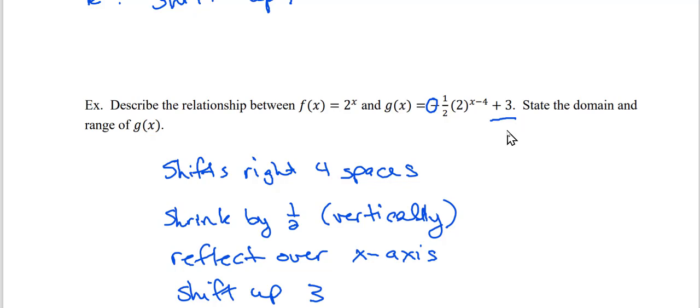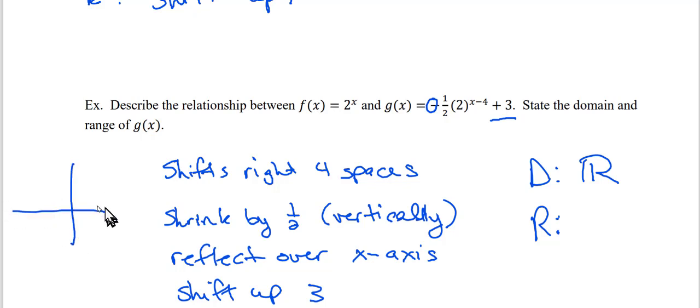The question now becomes, how do these things impact the domain and range? The domain itself is not changed at all. There's still no restriction on what you can plug in for x. Subtracting 4 from it doesn't change what that exponent can be. It changes what it is, but not what it can be. So no issues with the x there. The range is going to change with this, though. We're going to do a rough sketch here.